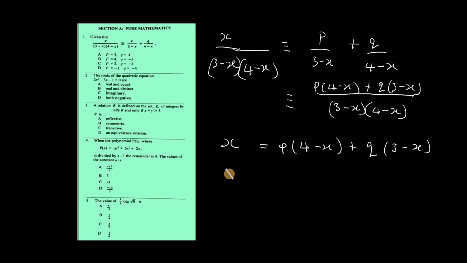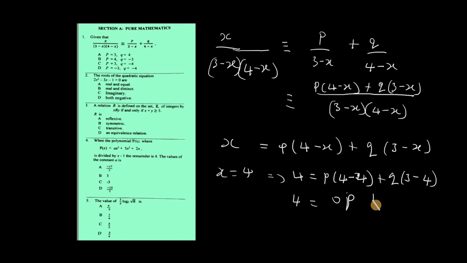Now if I let x equal to 4, that means I'm going to have 4 in the place of x, which is the same as p into 4 minus 4 plus q into 3 minus 4. 4 minus 4 is 0. 0 times p is 0. So I am going to have 4 is equal to 0p plus minus 1 times q.